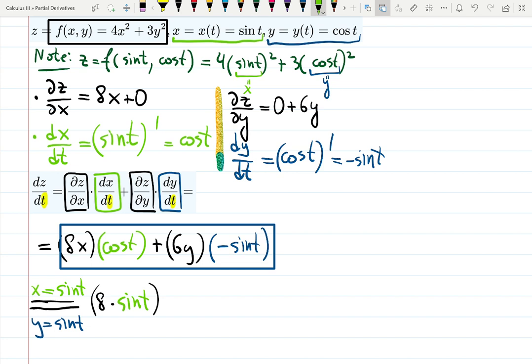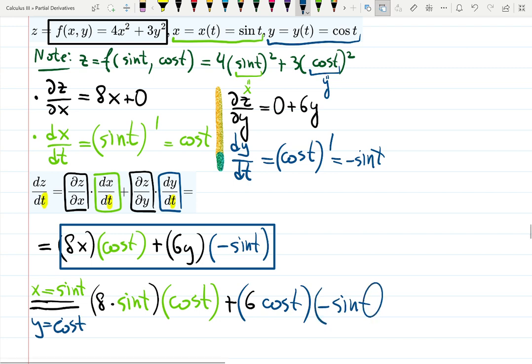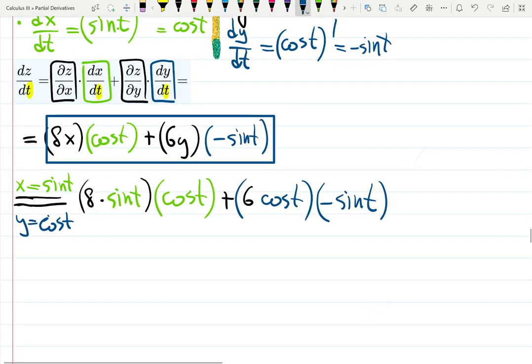But there was also cosine t over here, standing, plus 6y. y is in blue, y is cosine t, so it's going to be cosine t in blue, but there was also minus sine t standing outside.